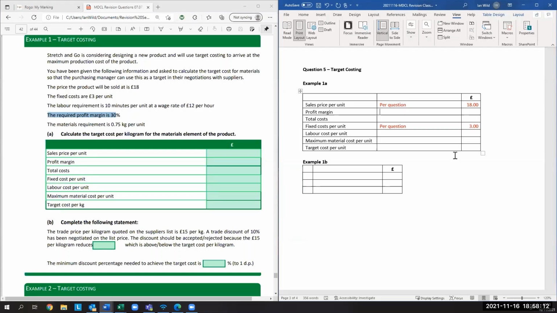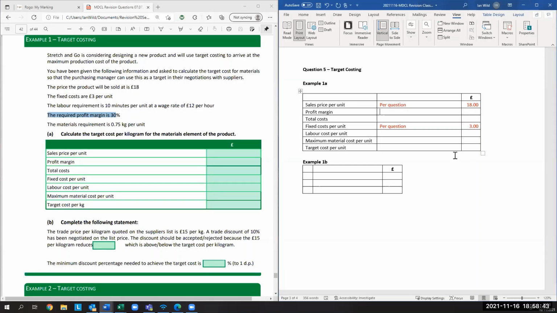In this case, the profit margin, the gross profit, will be 30%. So if the sales price is 100% and the profit margin is 30%, what percentage does that make the cost of sales? Quite simply, the cost of sales must be 70%.